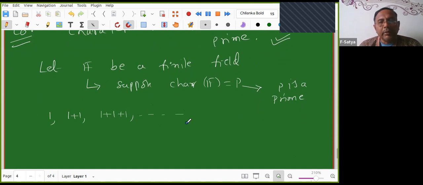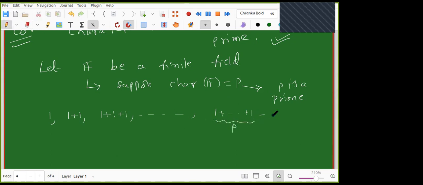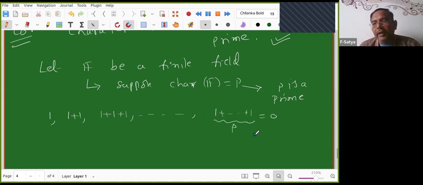So how long can I go? I'll go up to p minus 1, right? When I touch p, I add the 1 p times, what happens? It becomes 0, correct? Then again I add, then it becomes 1. So they are going to repeat.